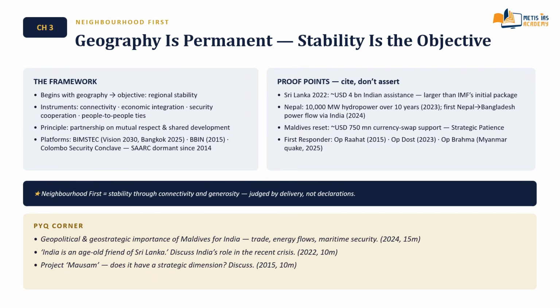The third one is energy security, ensuring reliable access to oil, gas, renewable energy, and critical minerals necessary for economic growth. The fourth is technological advancement, strengthening capabilities in artificial intelligence, semiconductors, space, cyber security, digital infrastructure, and innovation.